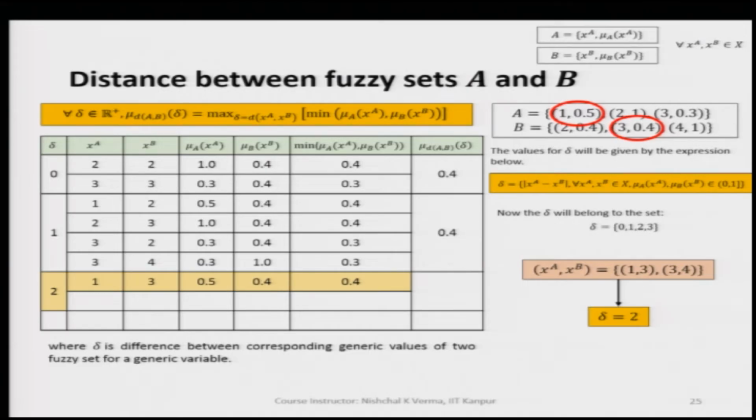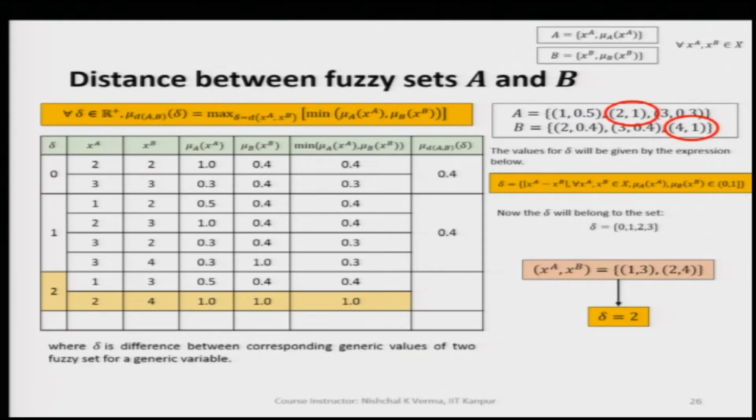So, when we take 1 3 we are getting 0.5, 0.4 as their corresponding membership values. When we take min we are getting 0.4, and similarly for the second pair, which is 2 4, we are getting the corresponding membership values 1 and 1.